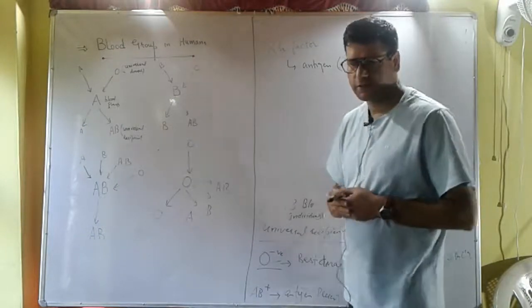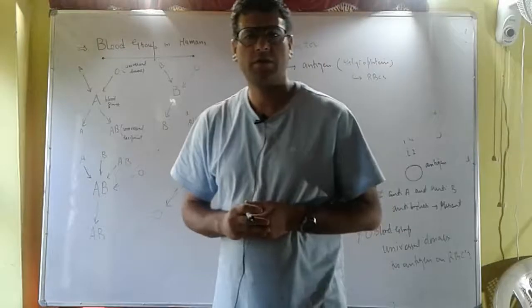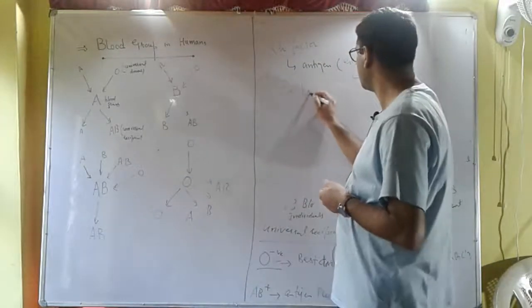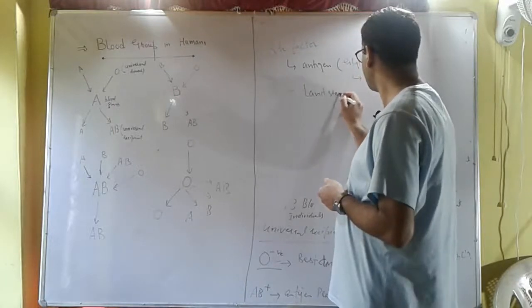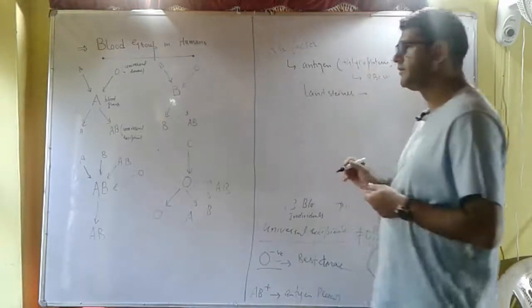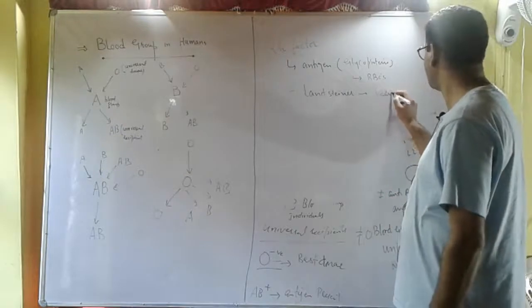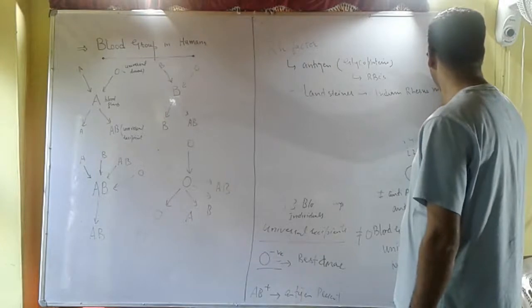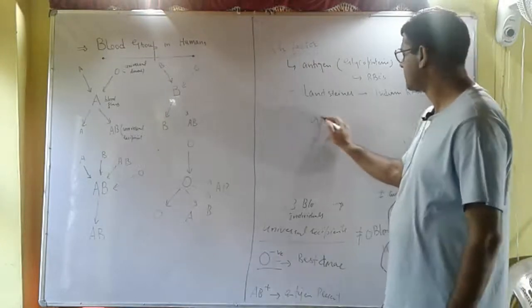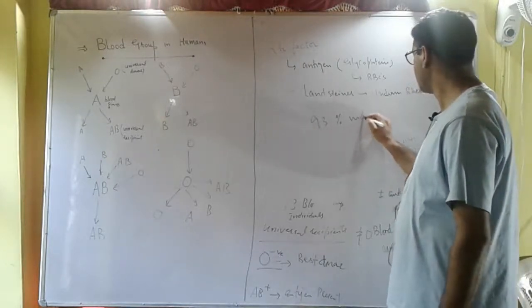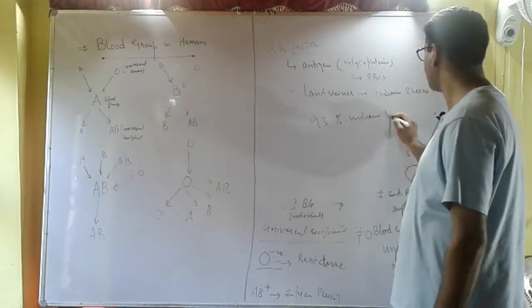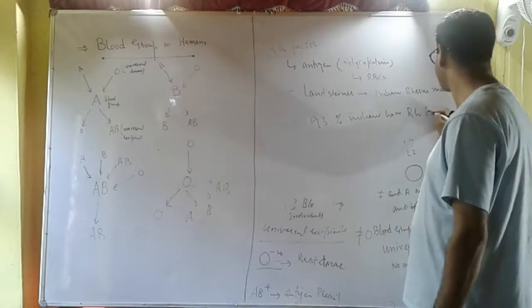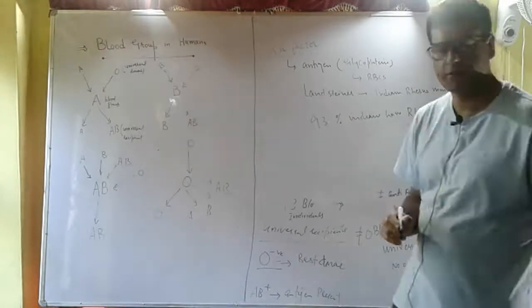It was first discovered by Landsteiner in the Indian rhesus monkey. About 93% of Indians have RH factor present on the surface of their RBCs.